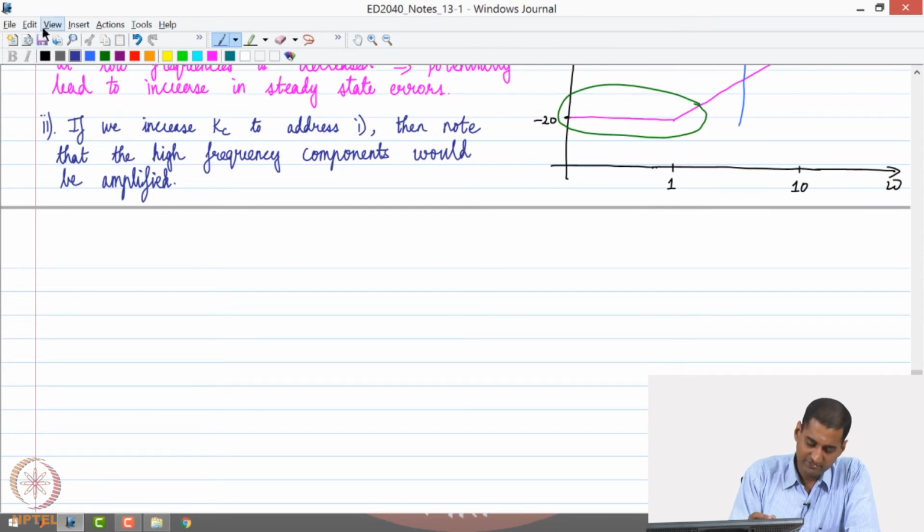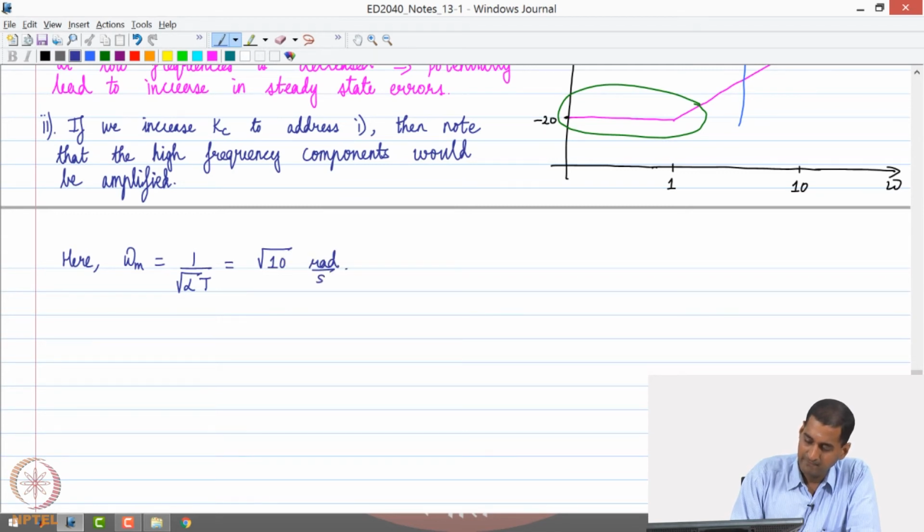Now, before plotting the phase plot, in this example note that omega m is equal to 1 divided by the square root of alpha T, which is essentially square root of 10 radians per second. And sine of phi m is 1 minus alpha divided by 1 plus alpha, which is 0.9 divided by 1.1.